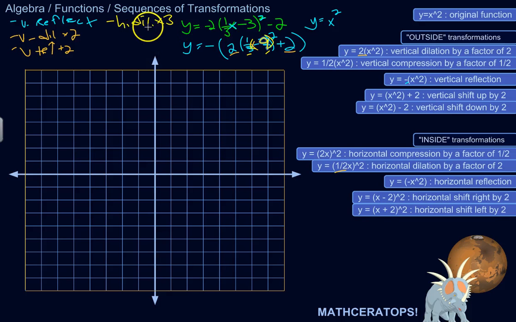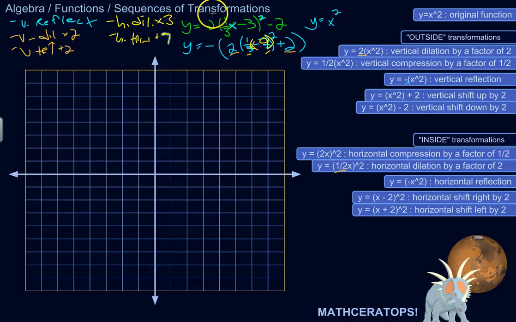So we've got a horizontal dilation by a factor of 3, and then a horizontal shift or translation by 9 units.